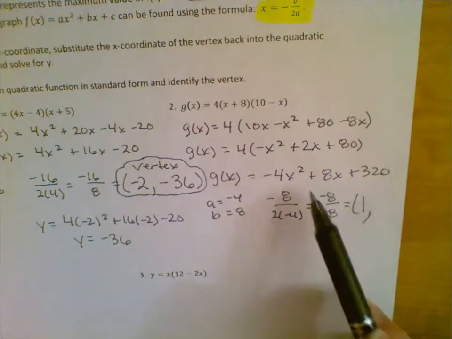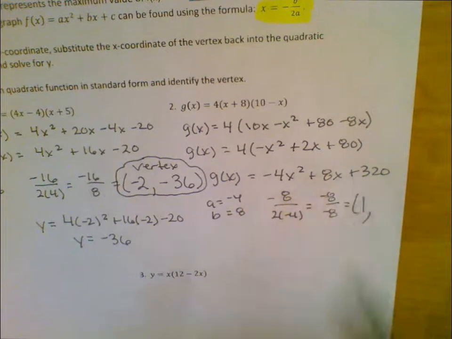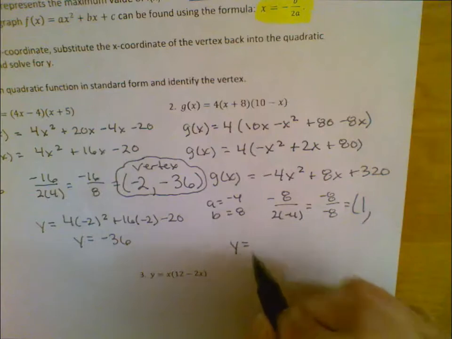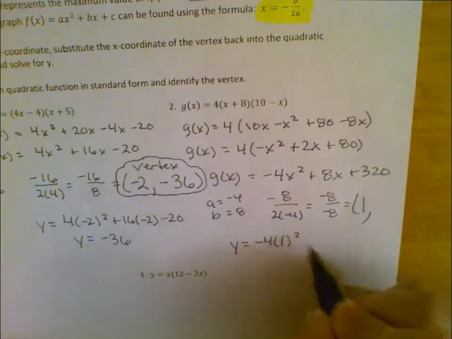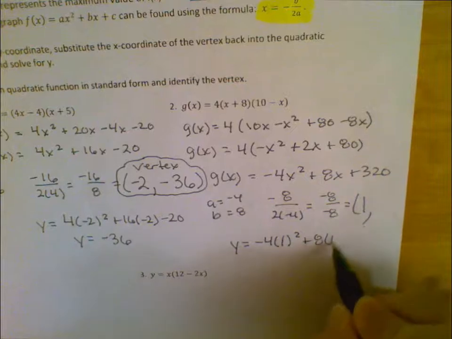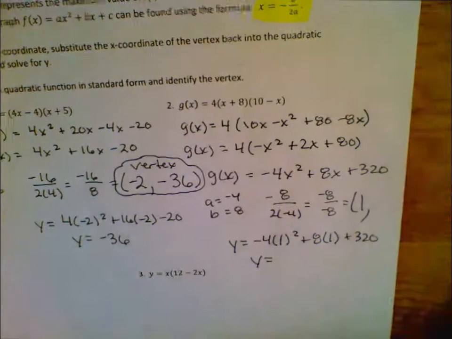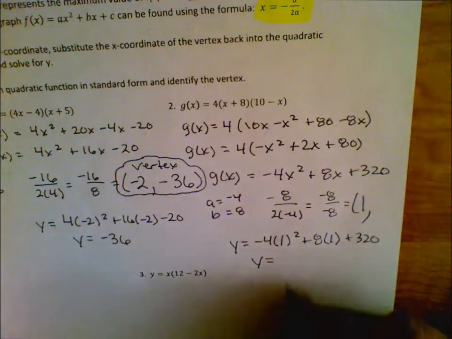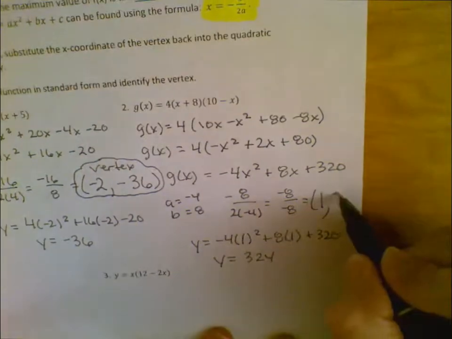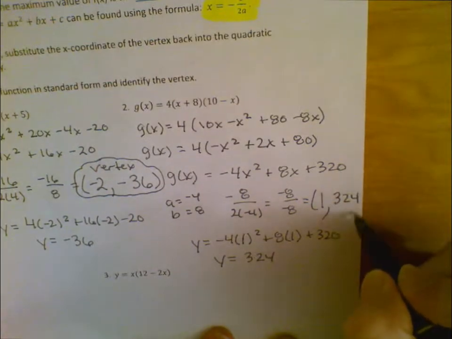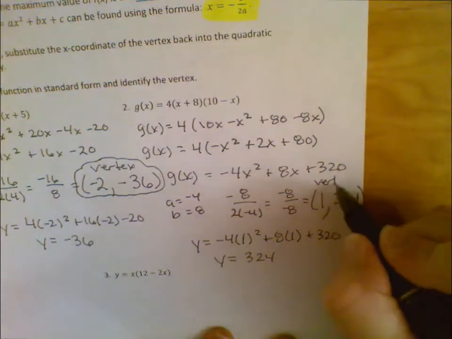So now I'm going to plug the 1 back into this final equation, wherever there's an x, to get my y. And again, I've already done the calculation, and that's 324. So that is my y-coordinate, and that makes up my vertex.